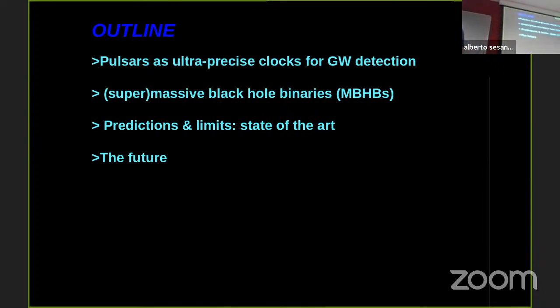I will talk a little bit about supermassive black hole binaries, why they come about in the hierarchical clustering scenario of structure formation, and why we expect them to be strong emitters of gravitational waves at the frequency where we can probe them with pulsar timing. And then I will tell you a little bit about the state of the art of those observations and what we have in our data, and give you a little bit of outlook about the future.